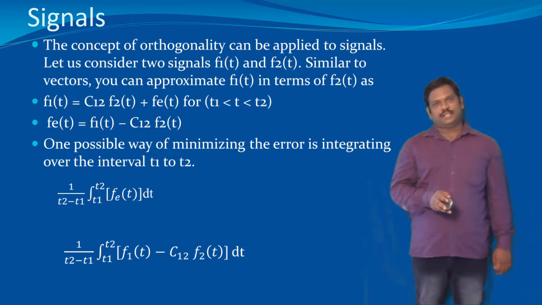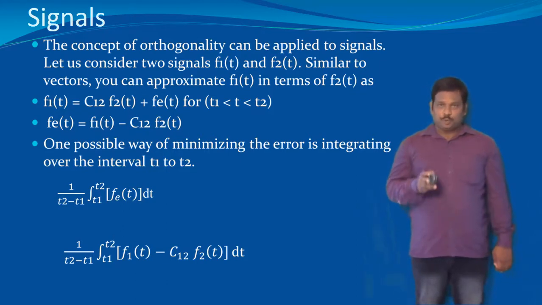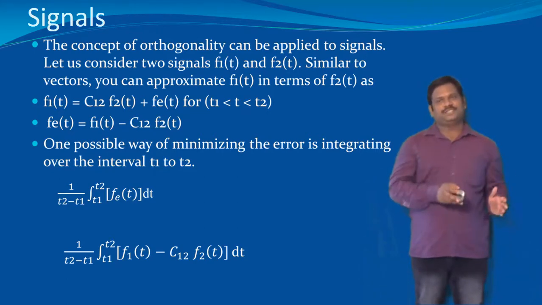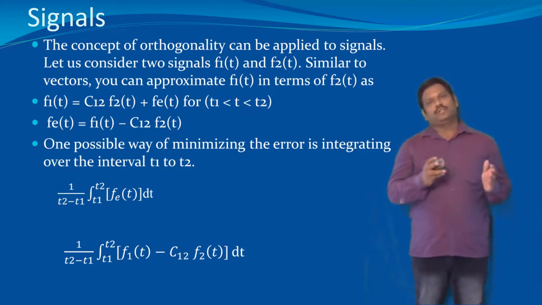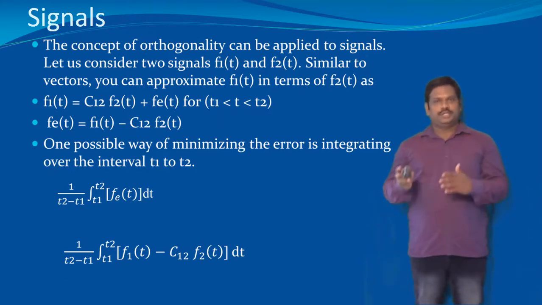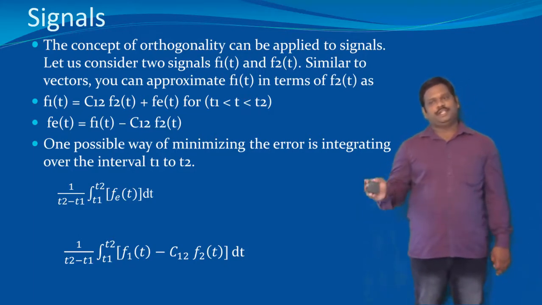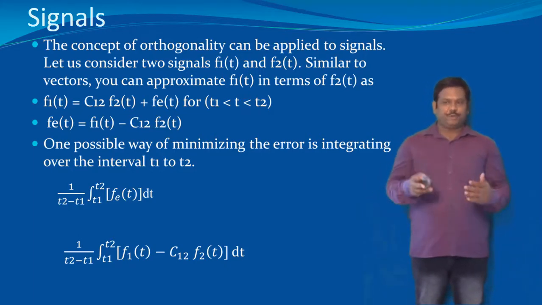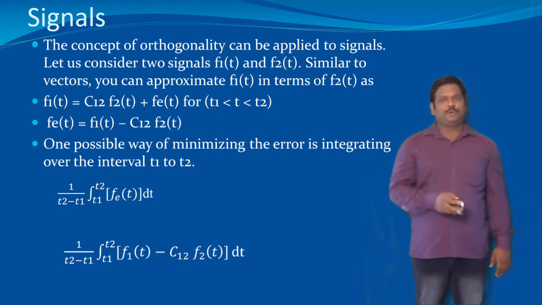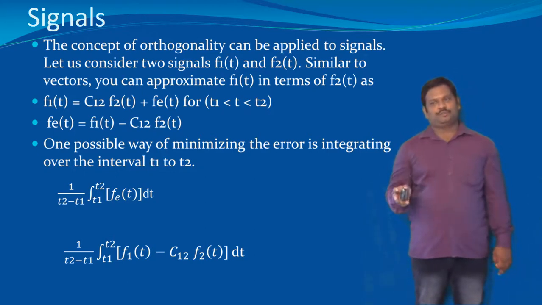This fe of t is nothing but our error function, which is equal to f1 of t minus c12 times f2 of t. One possible way of minimizing the error is integrating over the interval t1 to t2. That is, taking 1 by t2 minus t1 times the integral from t1 to t2 of fe of t dt, where fe of t is f1 of t minus c12 times f2 of t.